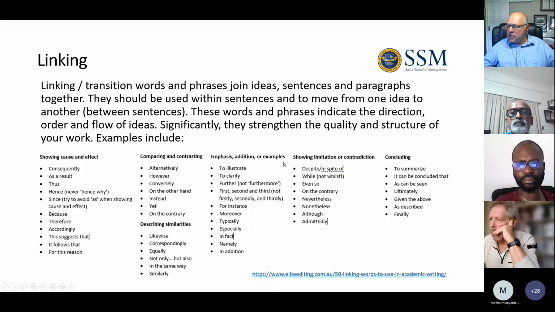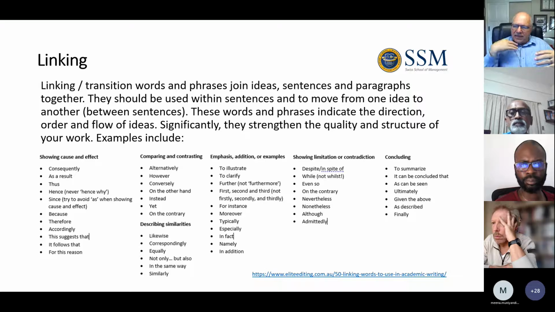Emphasizing: additionally, or examples to illustrate and clarify. If you want to show progression, you can say firstly this, and then secondly this, but if you have a second paragraph or section, then don't write firstly, secondly, and thirdly again, use different words. Otherwise it becomes incredibly repetitive and confusing.